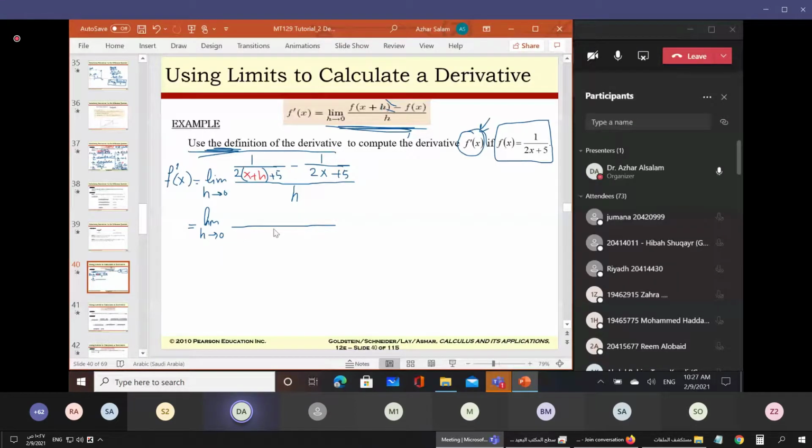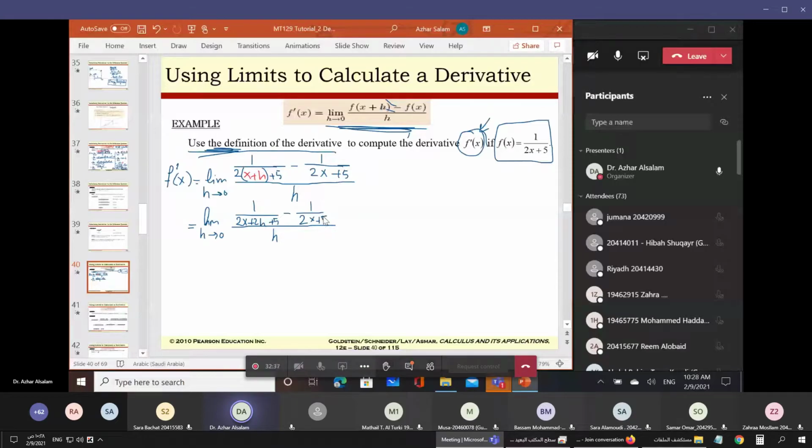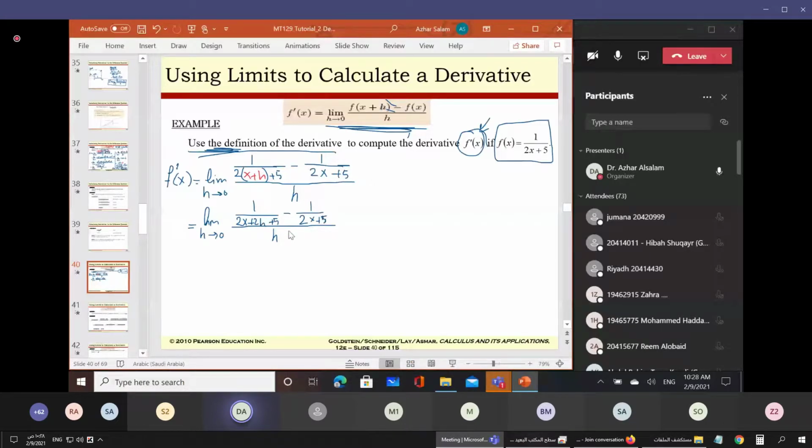Okay. Here I have 2x plus 2h plus 5, and here 1 minus 1 over 2x plus h. I have to unify this denominator.